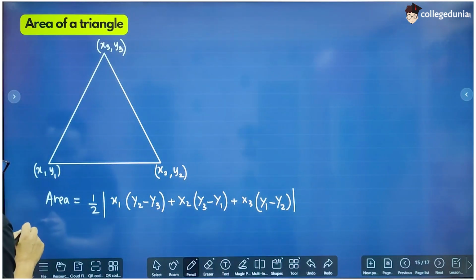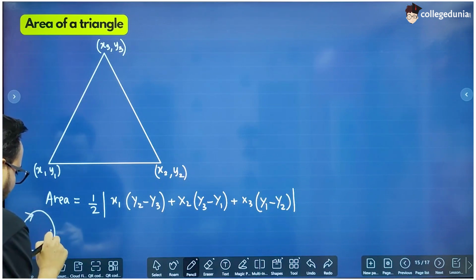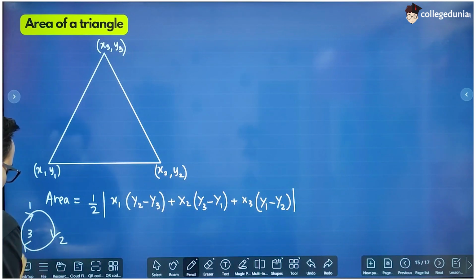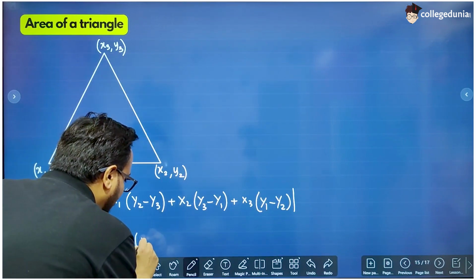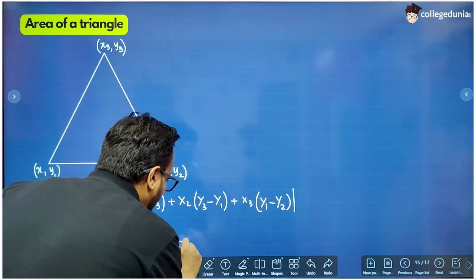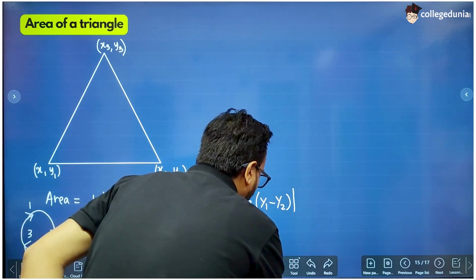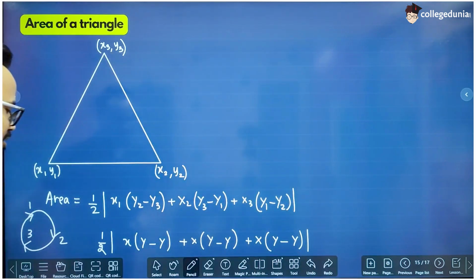To remember this formula, just make a circle and on that circle mark 3 arrows in a cyclic manner and write 1, 2, 3 on them. Write half, and 3 times write x (y minus y) plus x (y minus y) plus x (y minus y), and put it in mod.